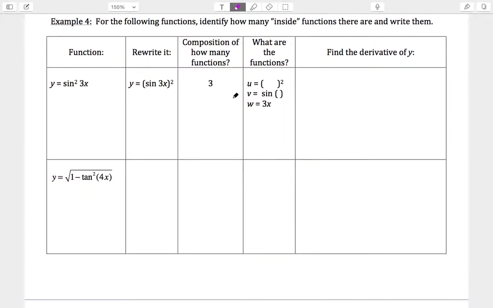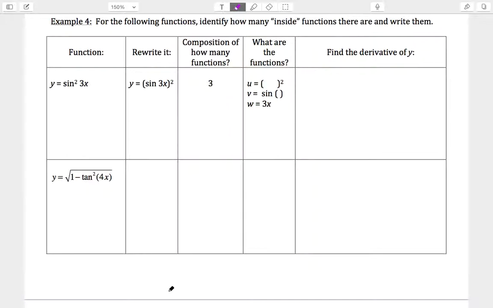Okay, so we've got sine squared 3x. If we rewrite that, that's sine 3x, quantity squared. So what is the outside? It is the square. And then the next inside is the sine, and then the inside is the 3x. Because we did the sine 6x yesterday, and that was only 2, but it's because it wasn't squared.